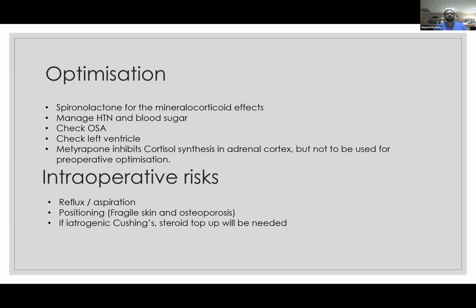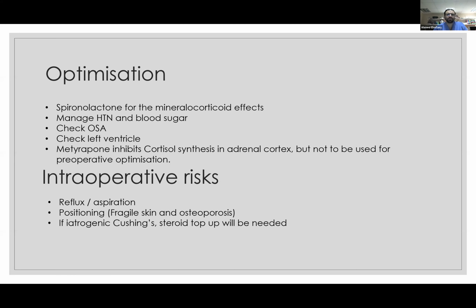Metyrapone is a medication that inhibits cortisol synthesis in the adrenal cortex, but actually we don't use it for preoperative control of cortisol because this is not the aim. If we use it preoperatively, we might push the patient into an Addisonian crisis, because we will deprive them of the high levels of cortisol that they have been used to for a long time. So the treatment of Cushing's syndrome is the removal of the source of the secretion.